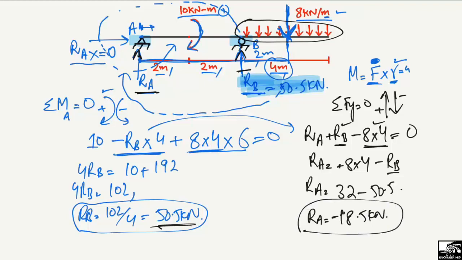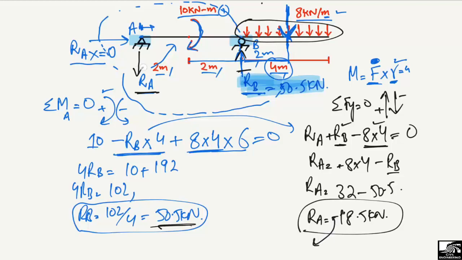So RA is minus 18.5. Minus means that we have to change this sign. This negative sign means that we have to change our sign assumption.